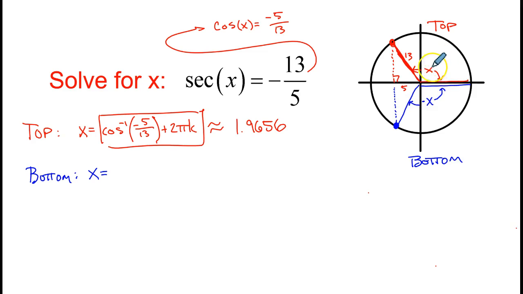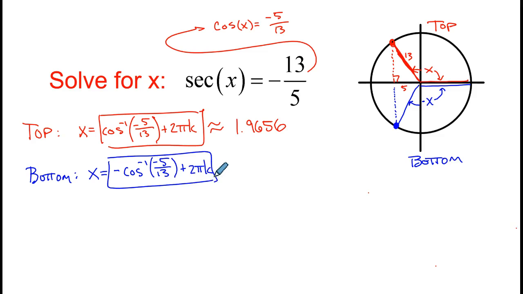So if this is x radians here, this is negative x radians here. And my solution is simply going to be the negative inverse cosine of negative 5/13. We don't want to forget about revolutions around the circle, both in the positive and negative direction.